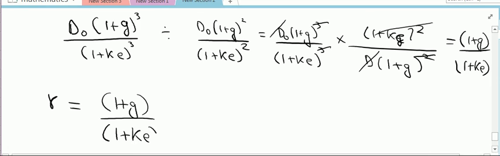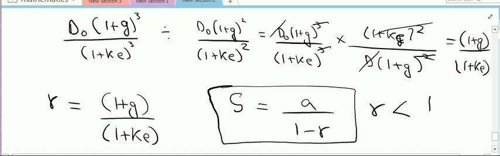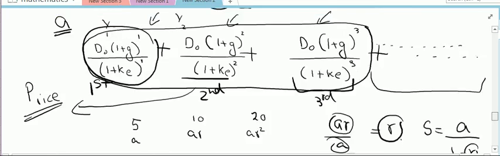We further know that the sum to infinity of a geometric progression is a divided by 1 minus r, and that r should be less than 1 if you wish to apply this model. We have derived everything in the previous 2 to 3 videos. We further know the value of a.